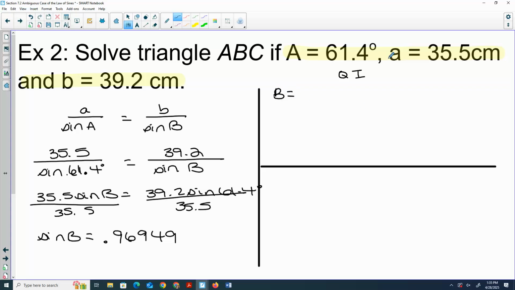So if I do sine inverse of 0.96949, it tells me angle B is 75.8 degrees. But I also know sine is positive in quadrant 2. How would I get my angle in quadrant 2? 180 minus 75.8, and that gives me 104.2 degrees.